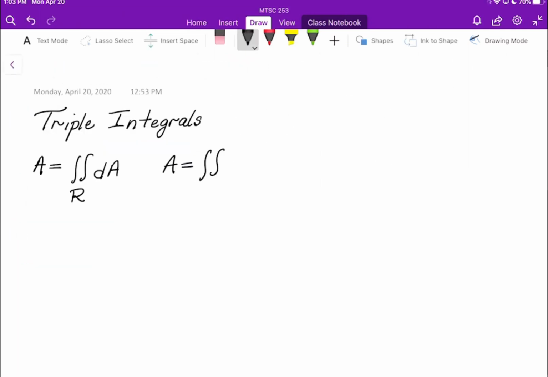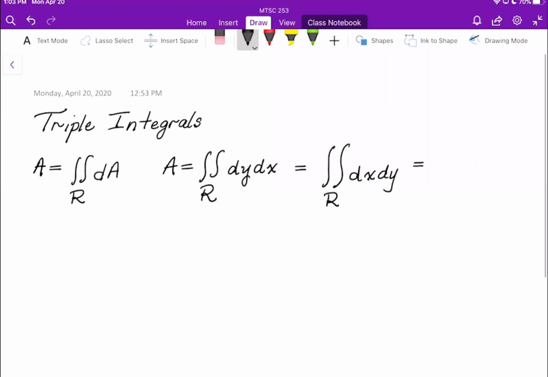Okay. So this was dx dy or dy dx. And then we said this could also equal the double integral over the region of r dr d theta. So that gave us area integrals.